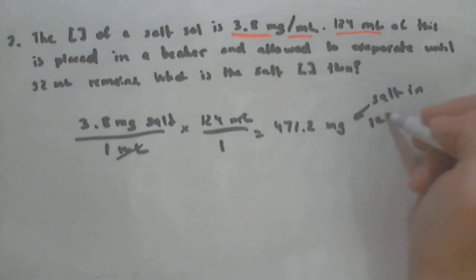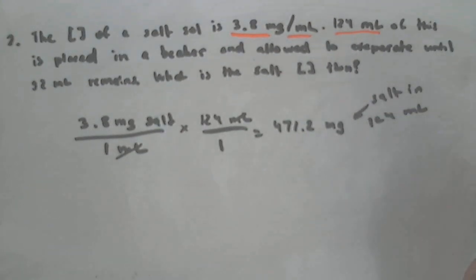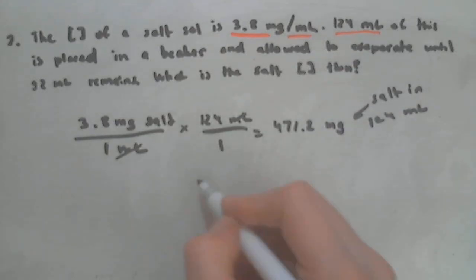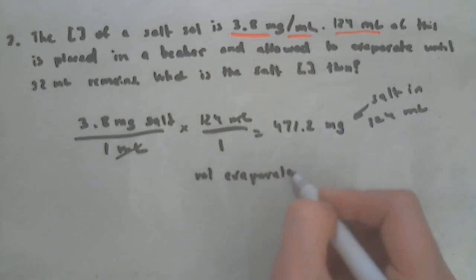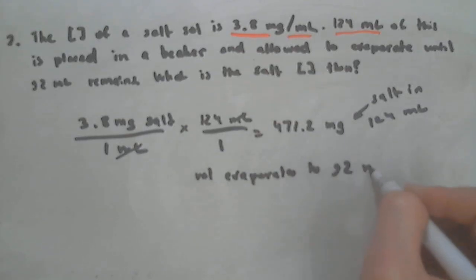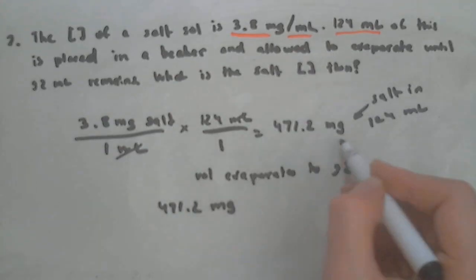Cool. So this is how much salt is in 124 milliliters. But now we put it into a beaker and we're allowing the volume to evaporate to 92 milliliters. We had 471.2 milligrams of salt.